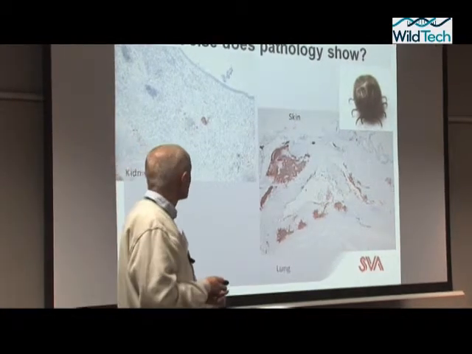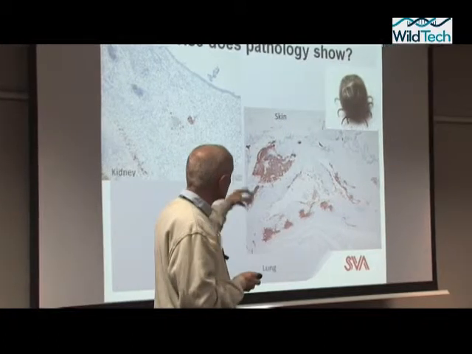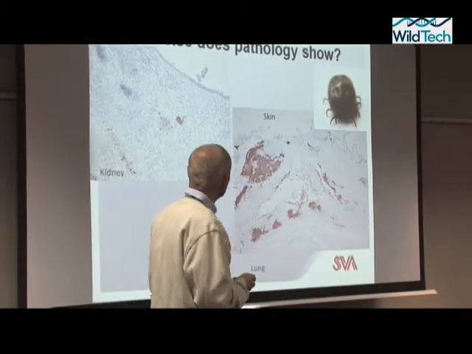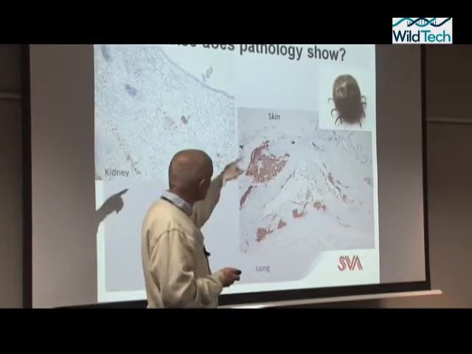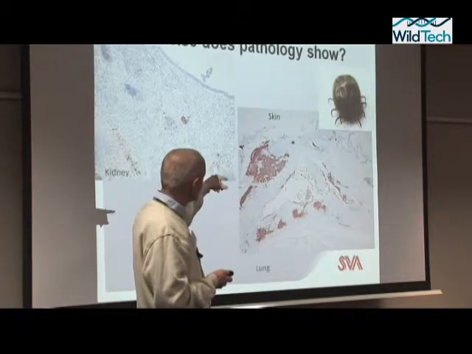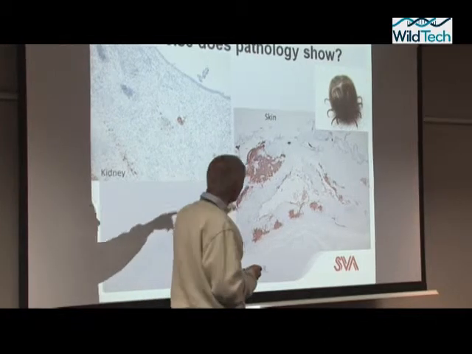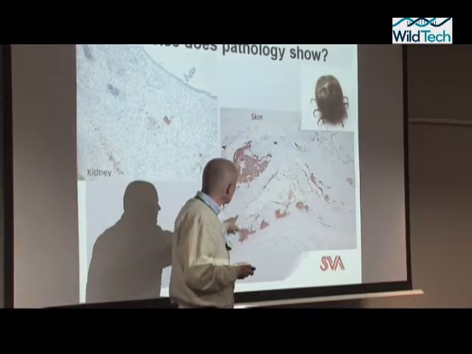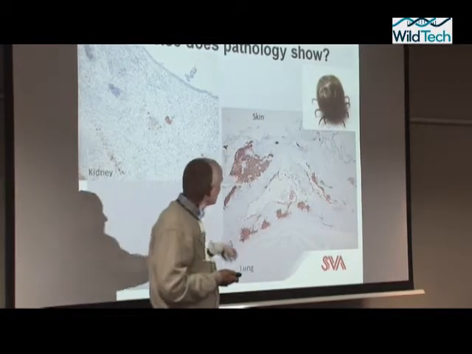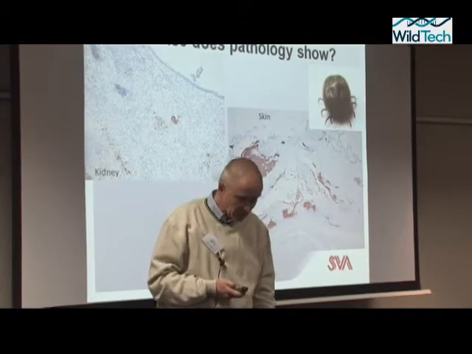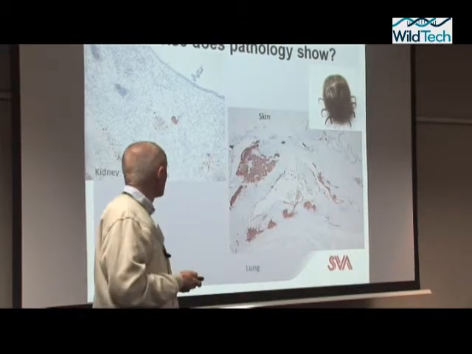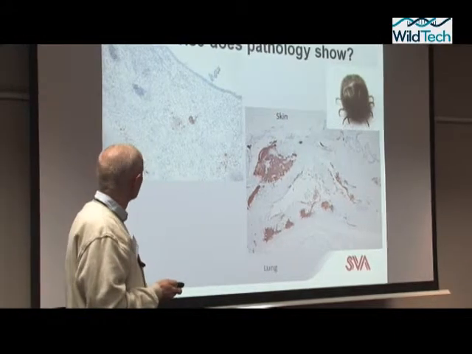The third picture, these are all from hares that have died of tularemia, is a bitten skin, and you see the bite wound of a tick. The tick itself has fallen off in the preparation of the specimen, but around the wound you can see these enormous amounts of aggregated Francisella bacteria from the tick infecting the hare.